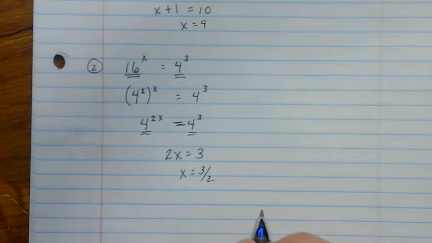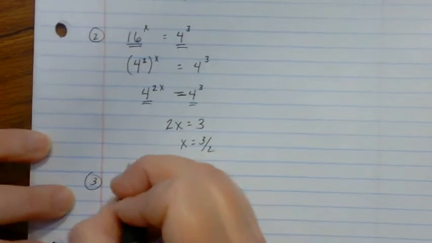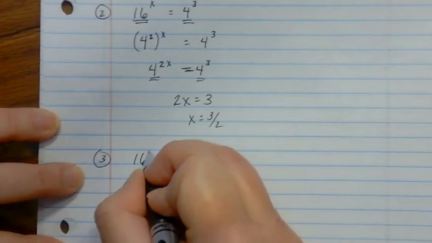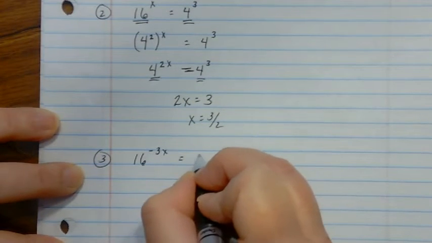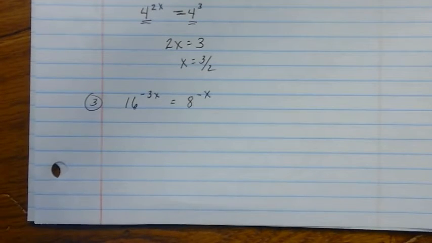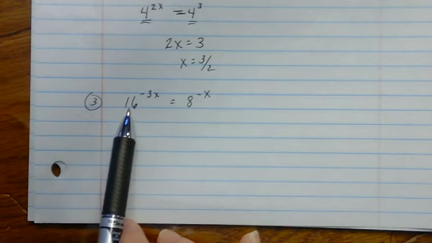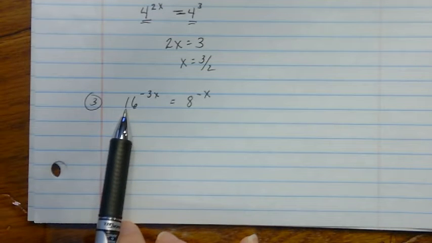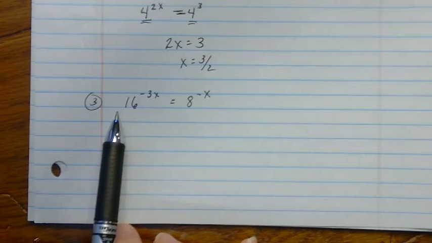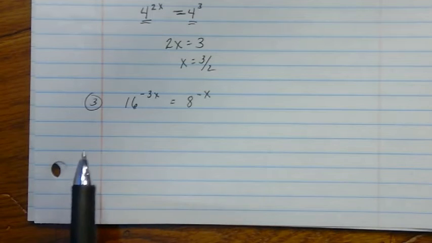Example 3. 16 to the negative 3x equals 8 to the negative x. Well, on this one, there's no way to make these the same base directly, because 8 to the 1st power is 8, and 8 to the 2nd power is 64. 2 times 8 is 16, but 16 isn't 8 to any power.